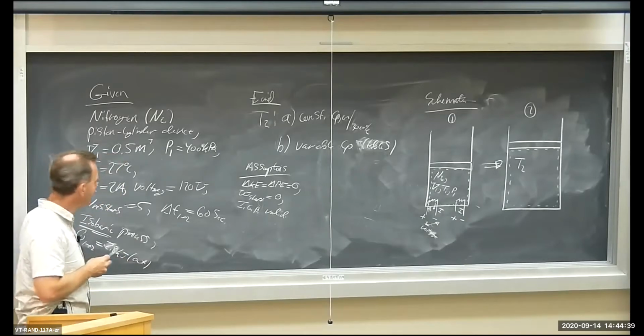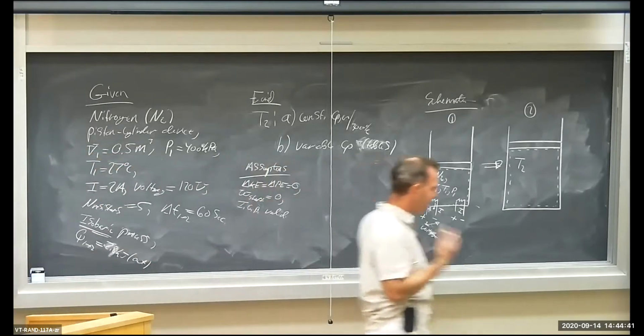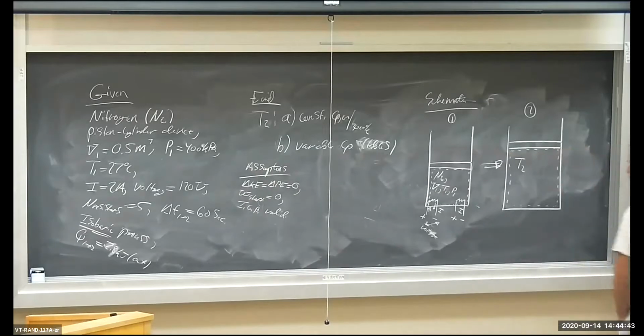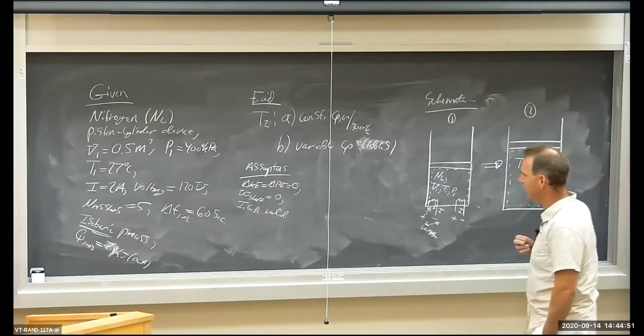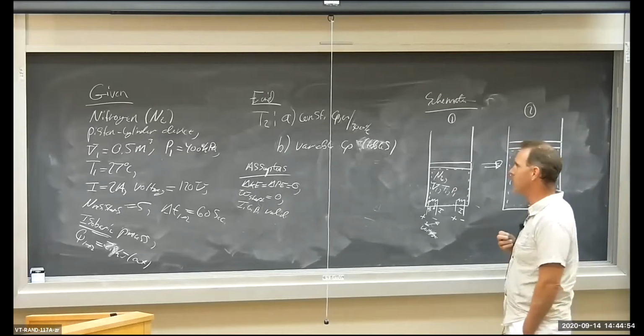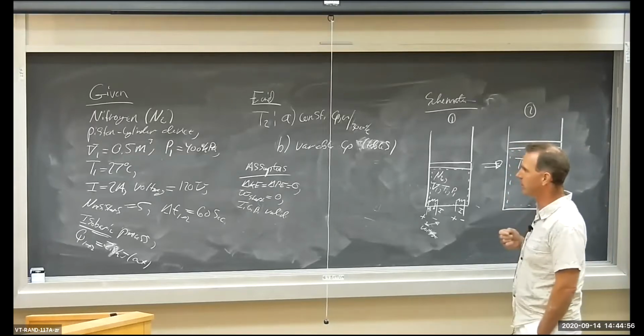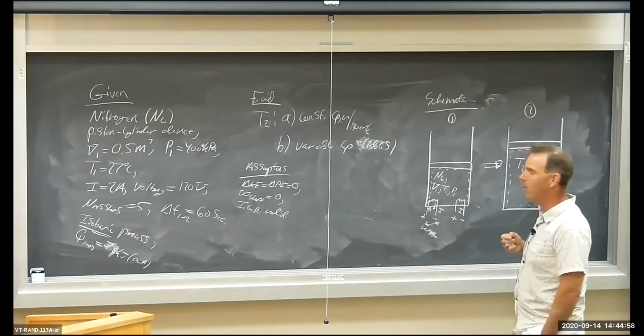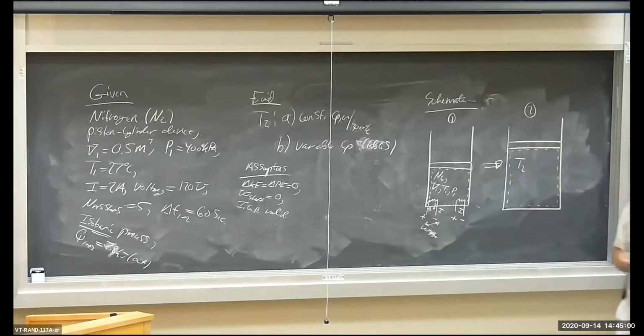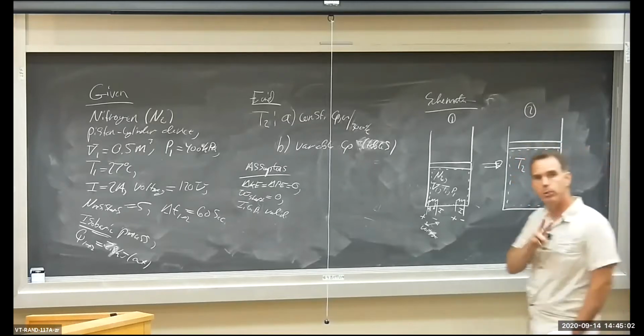So we're heating up nitrogen in the piston cylinder device with some electric wires, some electric work, dissipating electric energy. We're losing some heat from heat transfer because the gas is getting hot. And this process is occurring isobarically from state 1 to state 2. What do I want to find? I want to find the final temperature T2. And I want to find it in 2 different ways.